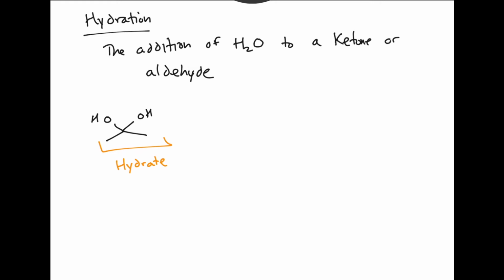Now, under normal conditions, all ketones and aldehydes are in equilibrium with their hydrate, right? But if you just have a bottle of acetone that you grab from the lab, that bottle of acetone, even though it has some hydrate in it, is mainly ketone. So let's say we have our acetone here.